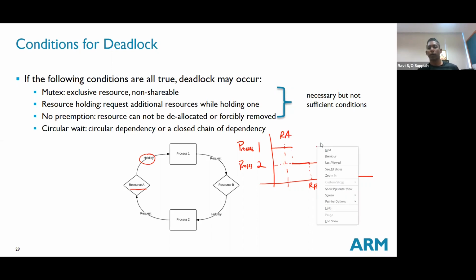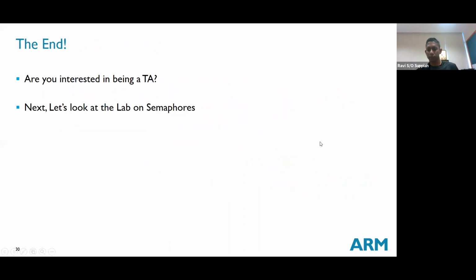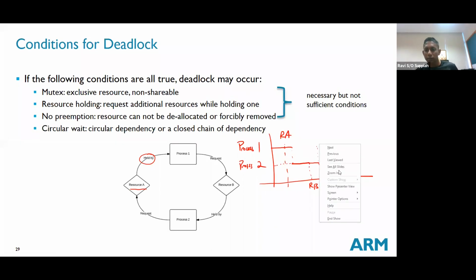When process one is running again, it tries to acquire resource B. What happened? Resource B is already acquired by process two, correct?